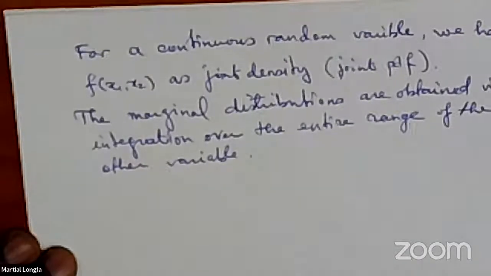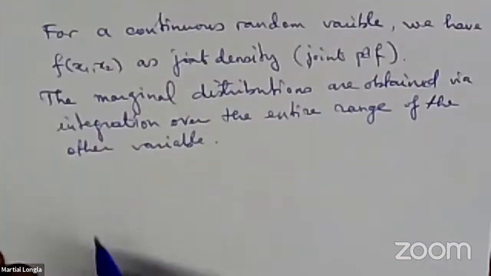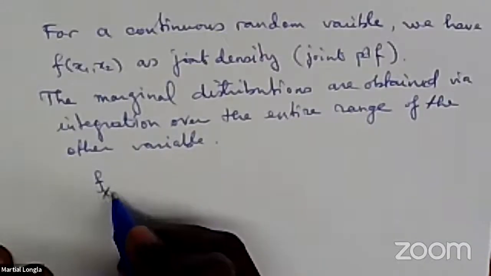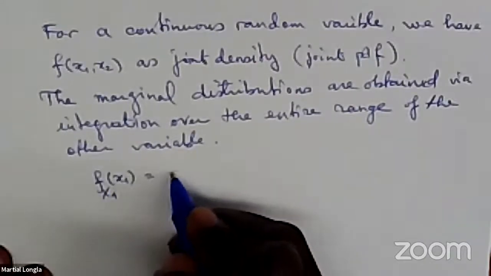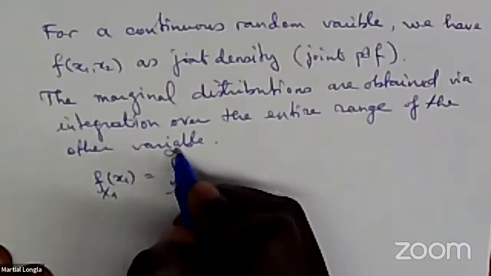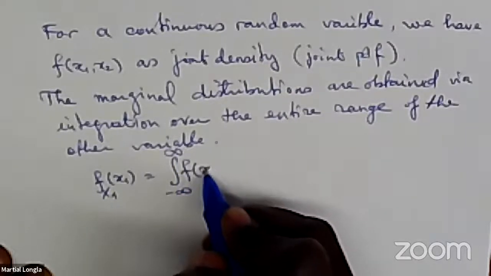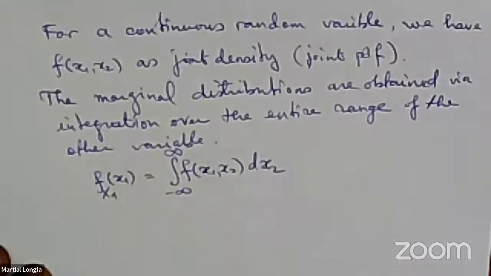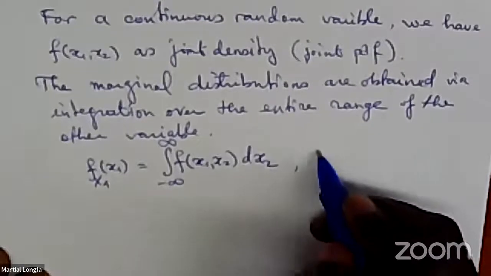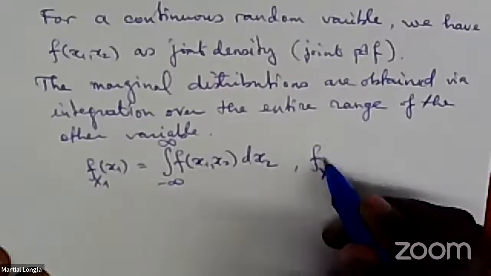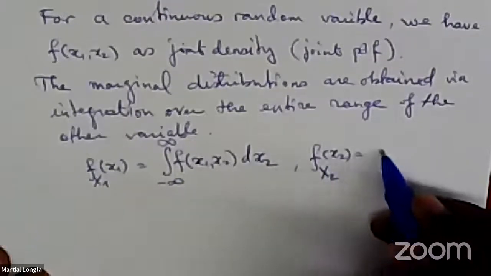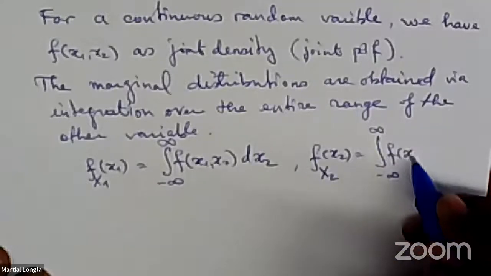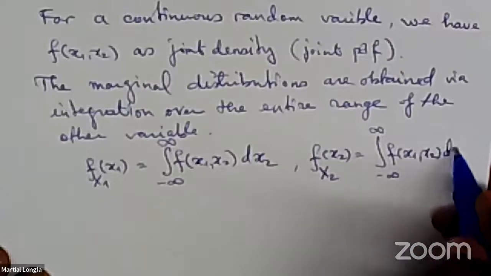Meaning what? Meaning that little f of x1 is the integral from negative infinity to infinity of f of x1, x2, dx2. And then the marginal distribution of x2 is the integral from negative infinity to infinity of f of x1, x2, dx1.